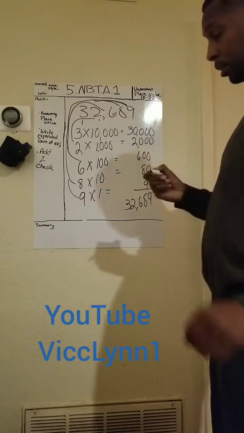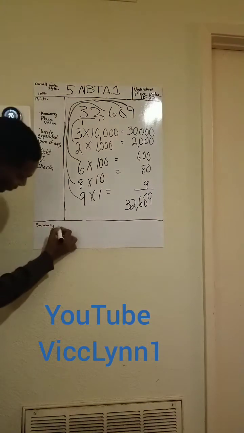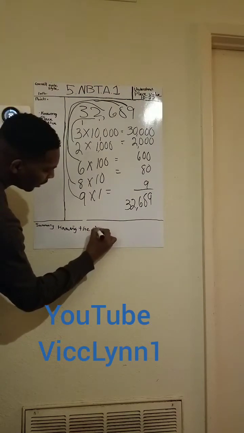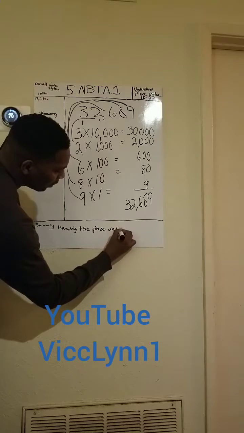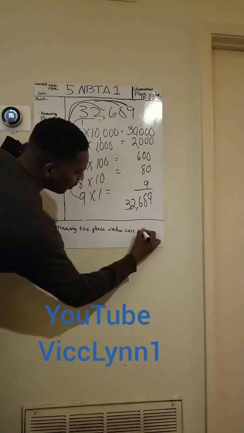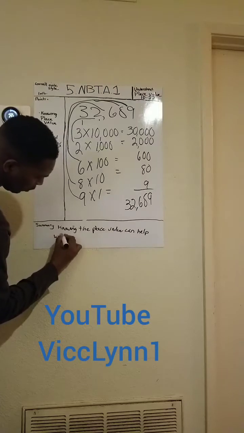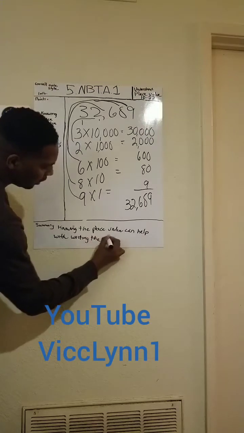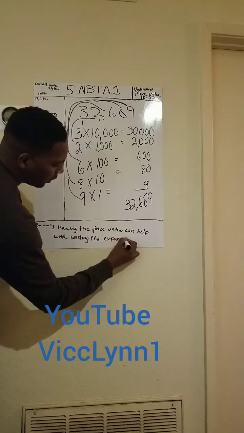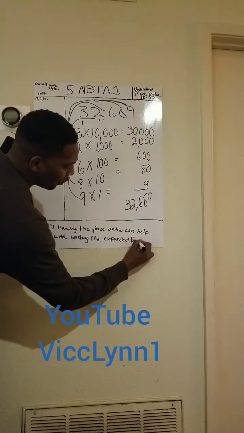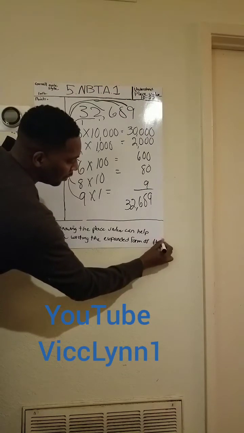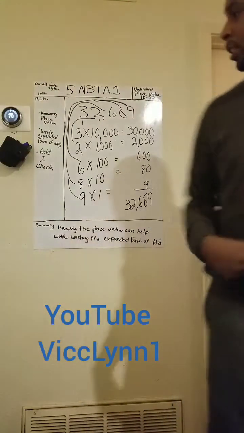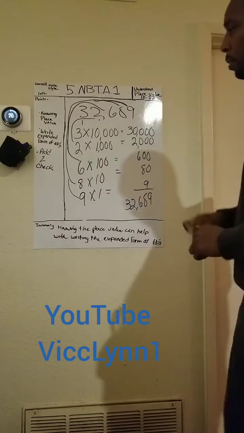So I say my summary is knowing the place value can help with writing the expanded form of numbers. All right?